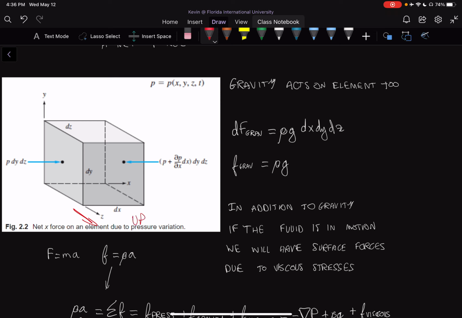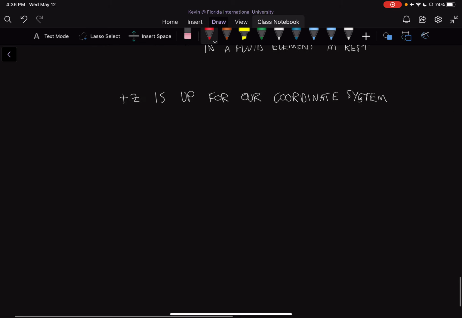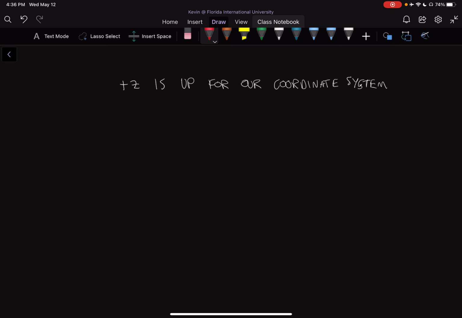So x and y are planar, and z is up. We're going to assume that our coordinate system is going to be like this: we're going to have z up, and then x like this, and y sort of out of the page, essentially. Okay, that's going to be our coordinate system.